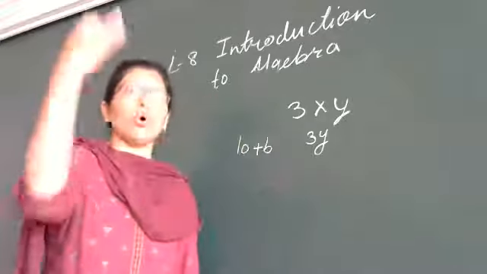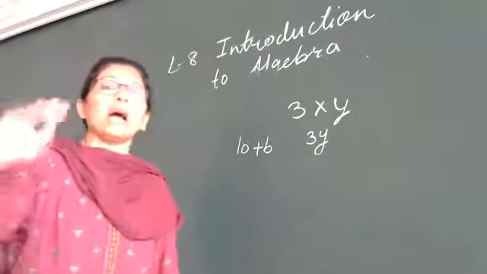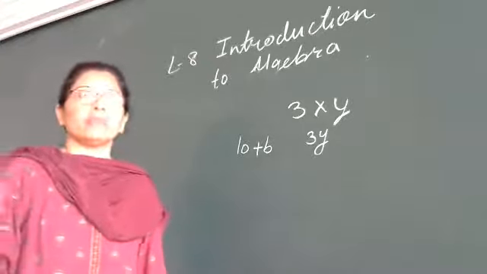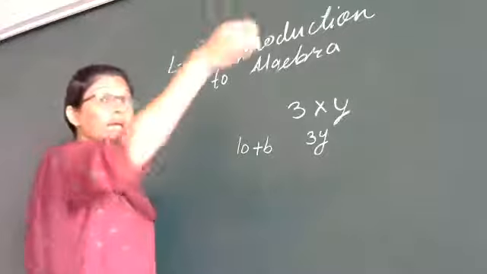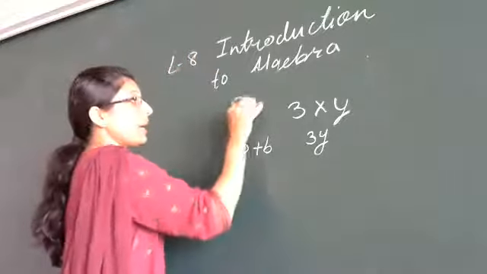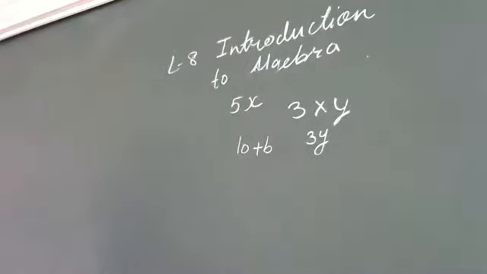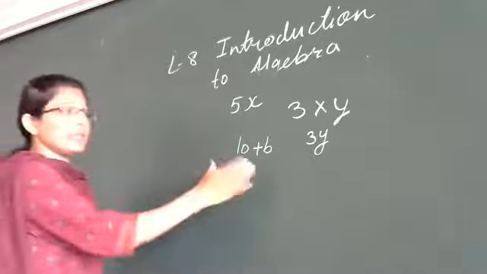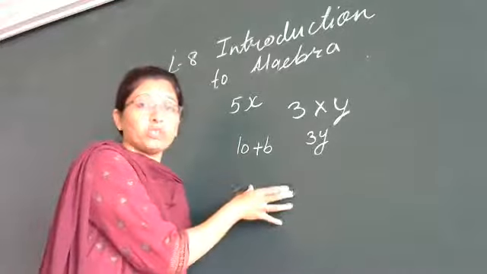Increased means more. 5 times x. Times means 5x. So this is how we can write expressions, meaning if a statement is given, how we can write it in variable form, expression form.